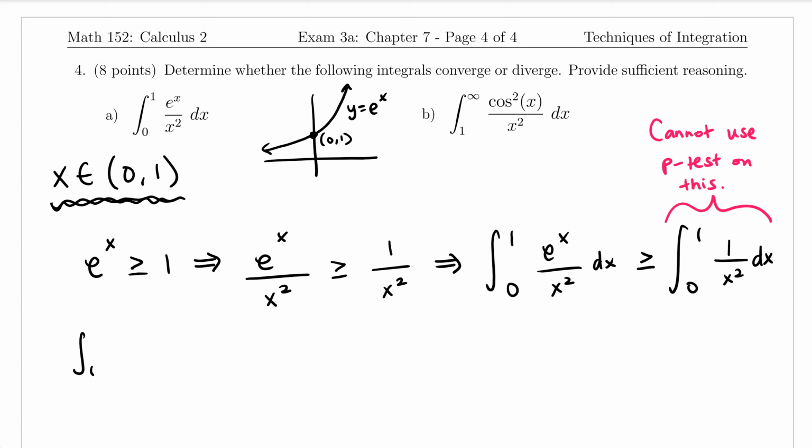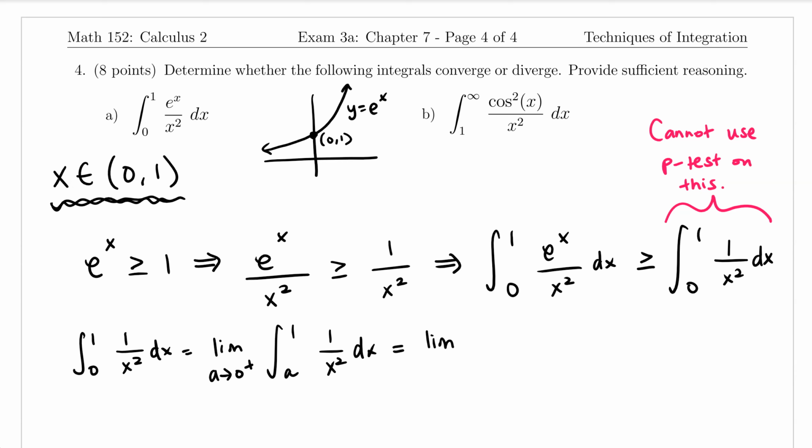Okay, so I have the integral from 0 to 1 of 1 over x squared dx. I'm going to rewrite this as the limit as a approaches 0 from the right-hand side of the integral from a to 1 of 1 over x squared dx.